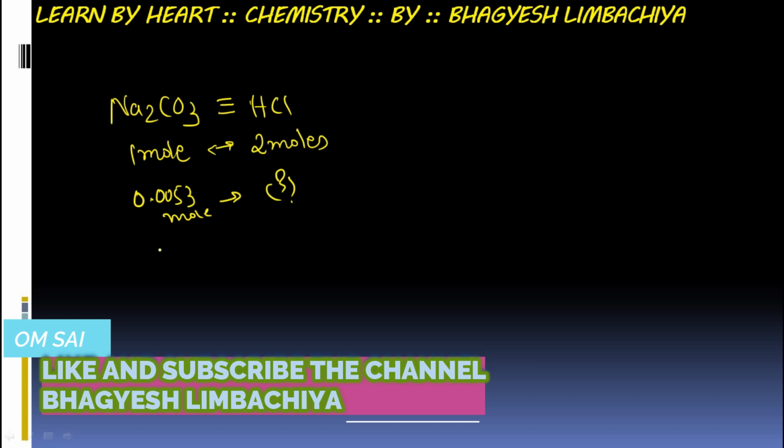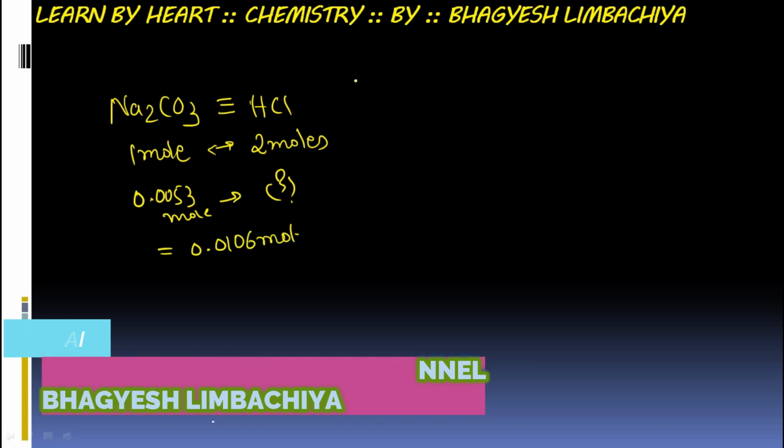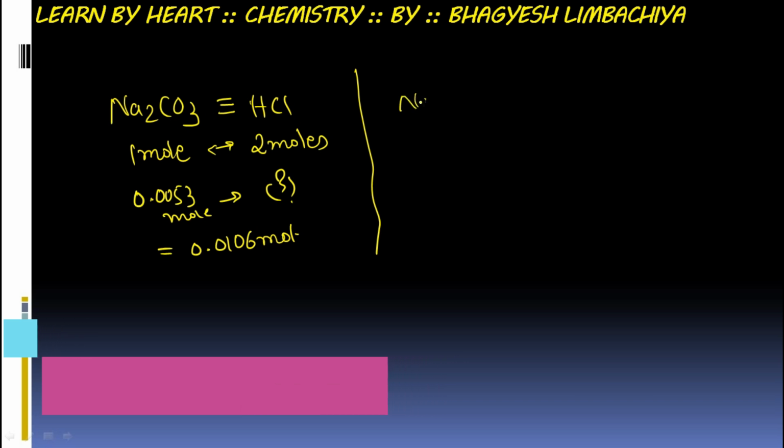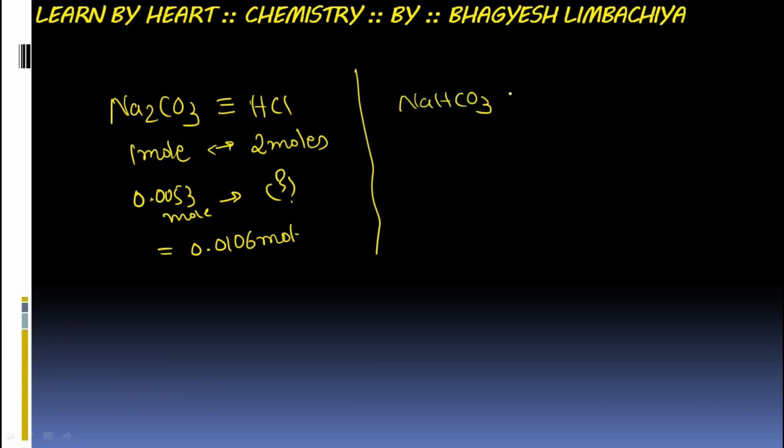Answer is 0.0106 moles. Another side, NaHCO3 and HCl, relation is 1 mole versus 1 mole. So 0.0053 mole, then same.